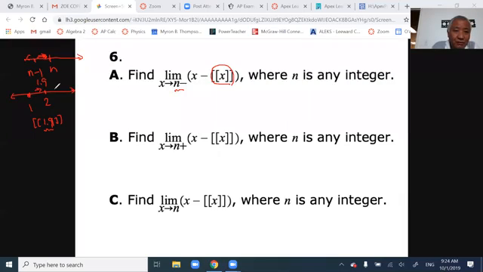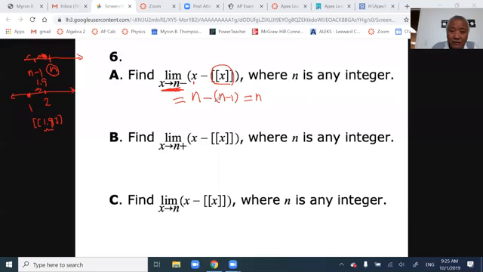So if here is n, and x approaches n from the left side, the greatest integer will be n minus 1. But x itself, approaching n from the left side, is eventually n. So you have n minus 1 minus n.